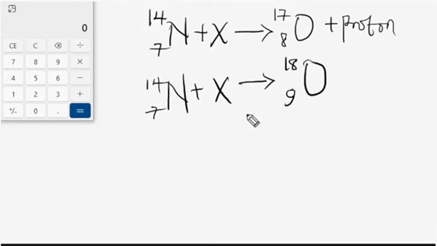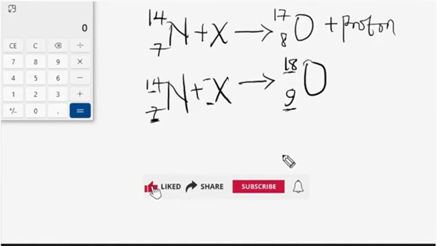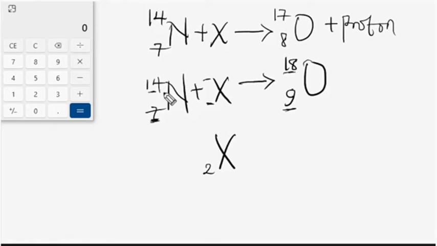In order for us to get what X represents, we consider the subscripts and the superscripts of X. 9 minus 7 will give us 2 here, and then 18 minus 14 will give us 4 here.